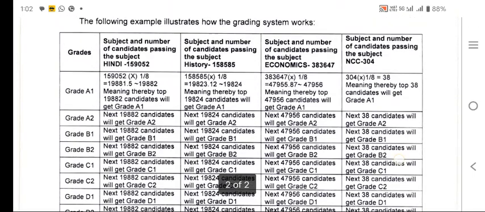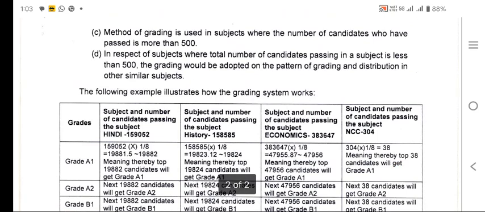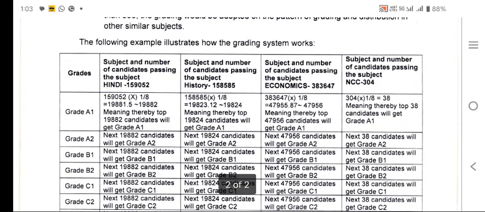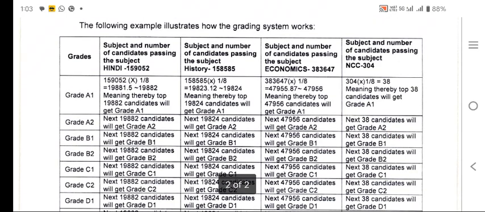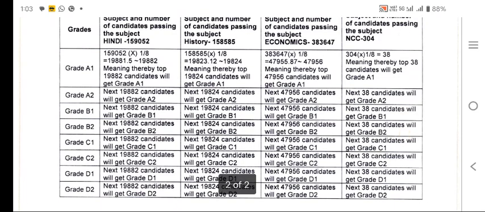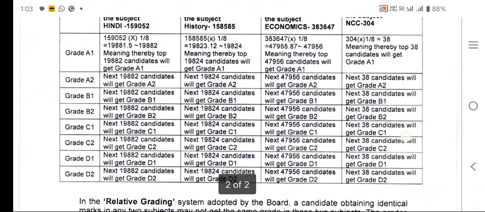This is the information they have shared, very important information. Here, in the last subject NCC, 304 students took the examination and passed. That means 38 candidates will get A1, 38 candidates will get A2, 38 candidates will get grade B1.